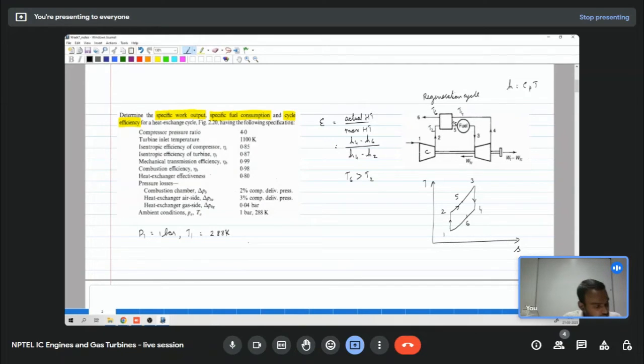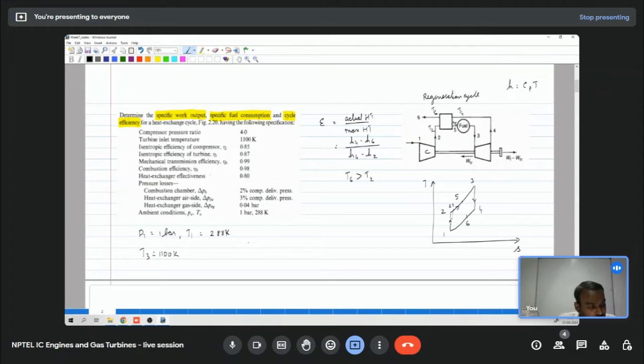Now in this process, in the TS diagram we had something like this, and then we are told that the turbine inlet temperature is 1100 Kelvin. So that means T3 is 1100 Kelvin. But before that we have some heat addition. We have found the H2, and now we need to find H5.